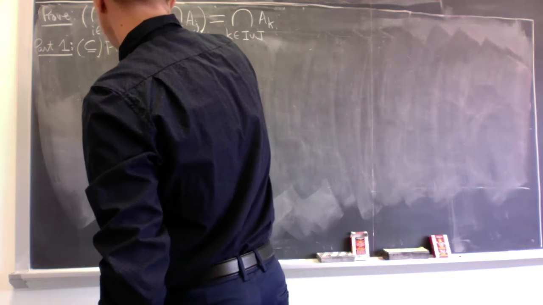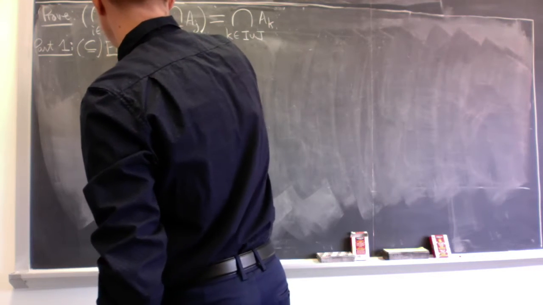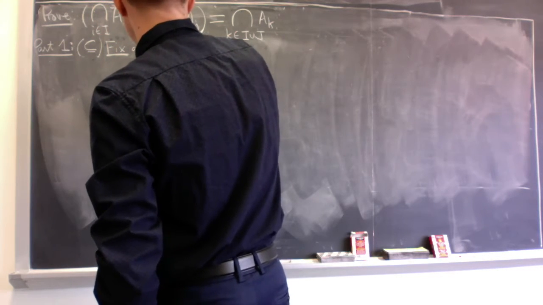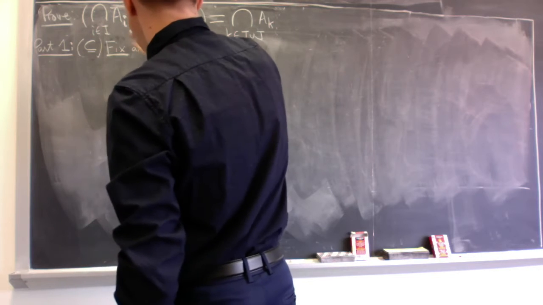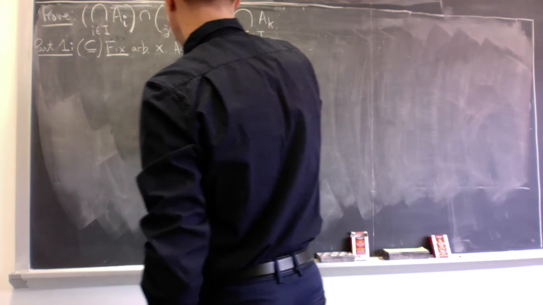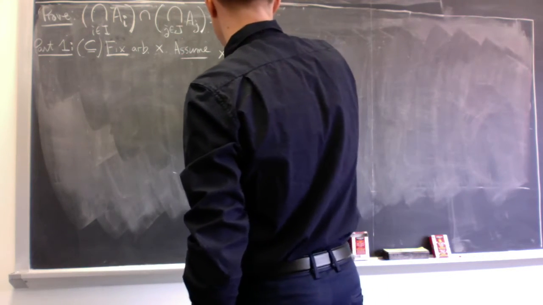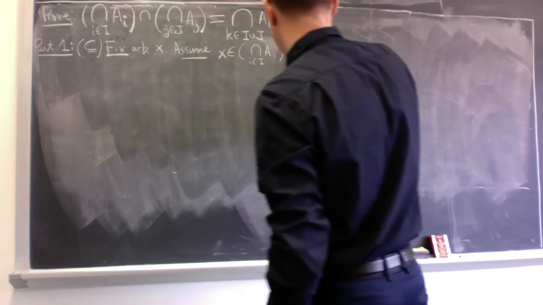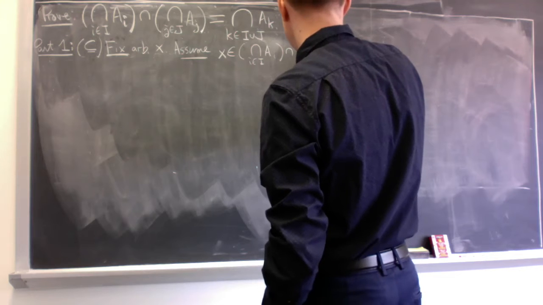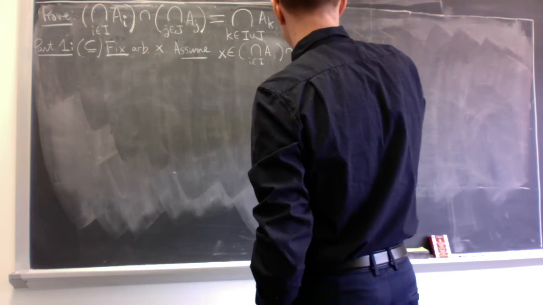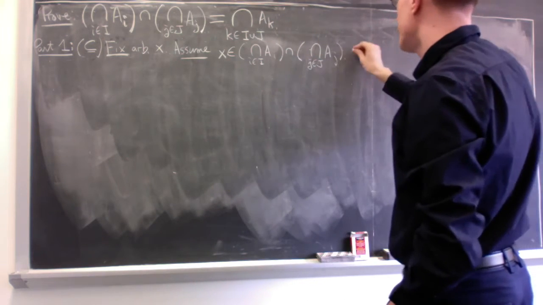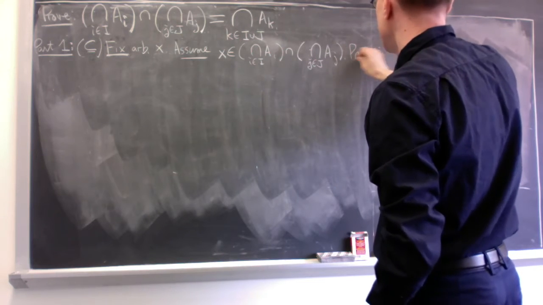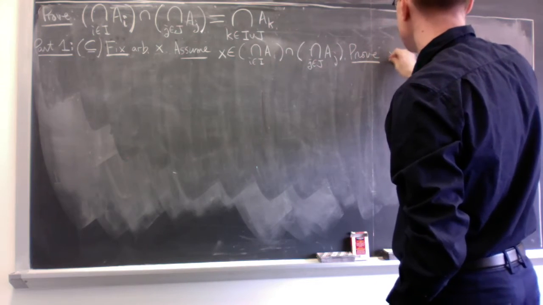So let's fix arbitrary x. Let's assume x is in this left-hand set, whatever it may be, some really long thing, doesn't matter, and prove that x is in the right-hand set.